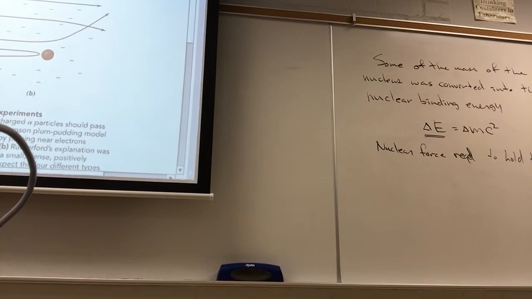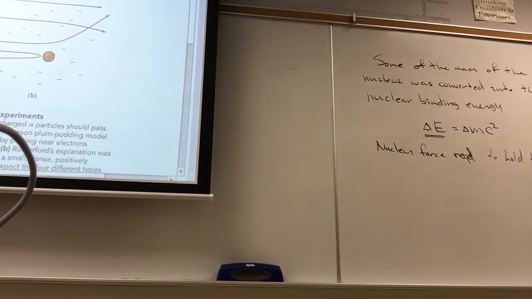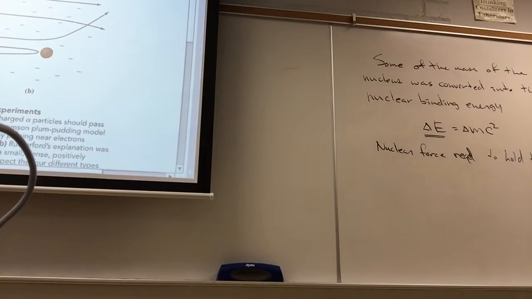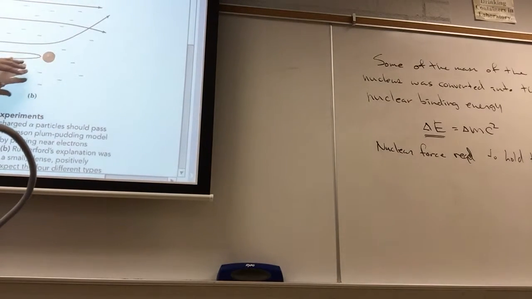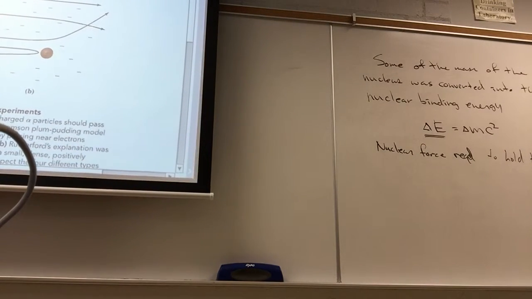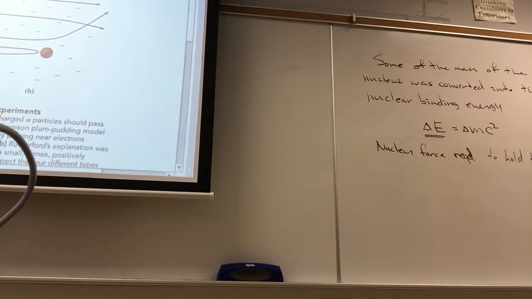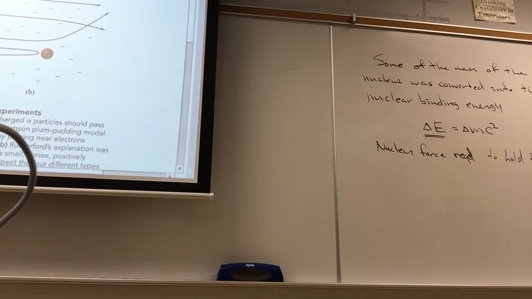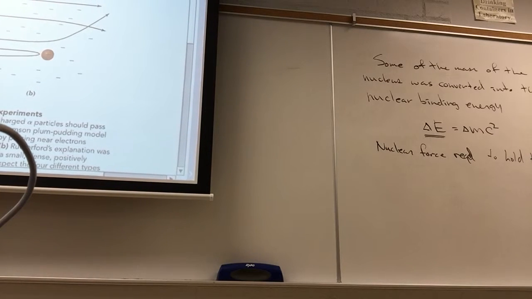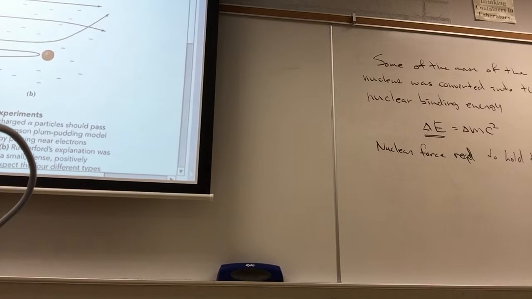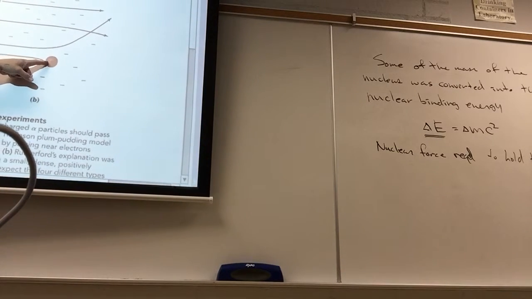One model of the atom was called the plum pudding model, in which everything was kind of dispersed in the pudding. Another was called the nuclear atom model. And the Rutherford experiment determined which of these models was correct: the nuclear atom, because some of the alpha particles hit the nucleus.